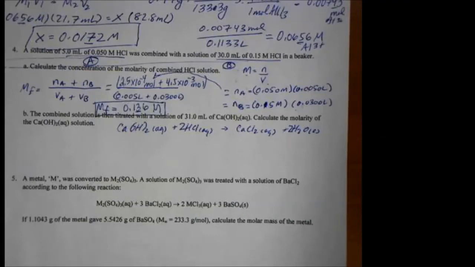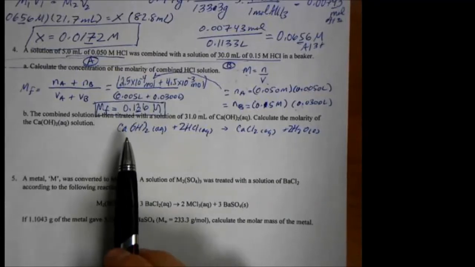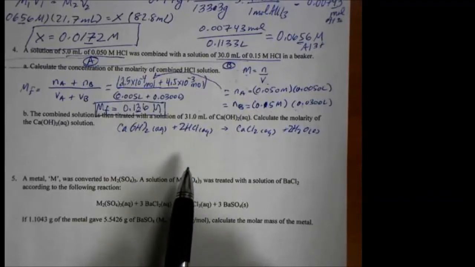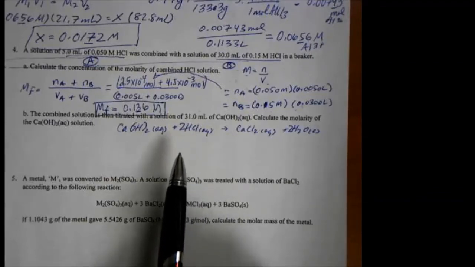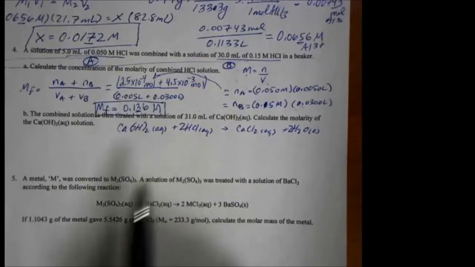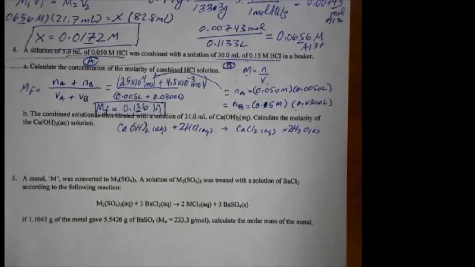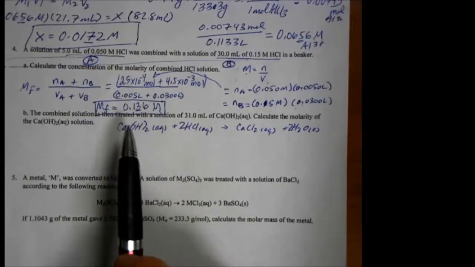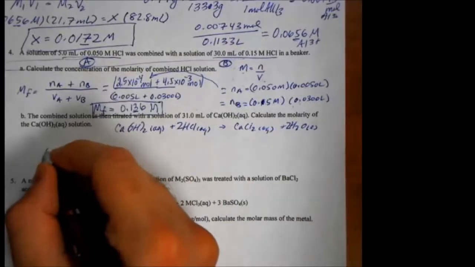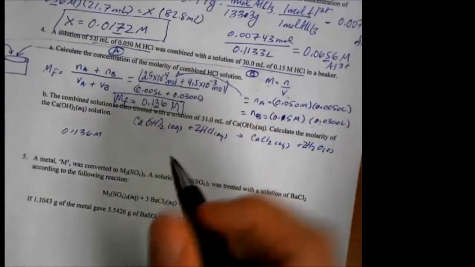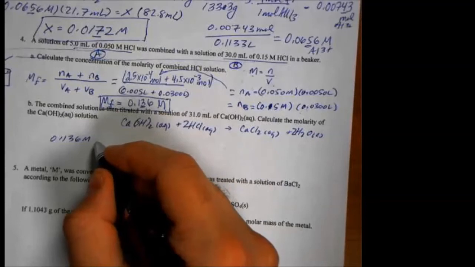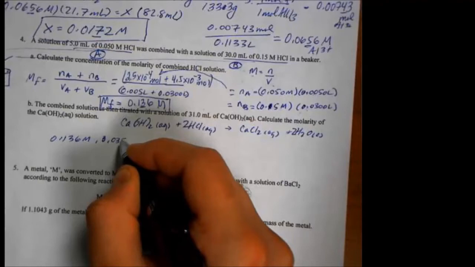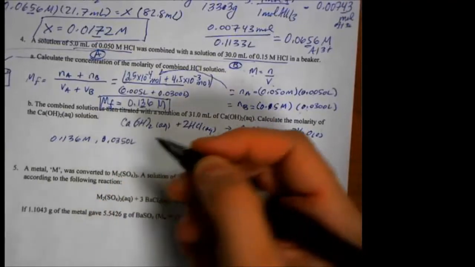with the equation. So in this case, it says the combined solution is titrated with a solution of 31 mL of calcium hydroxide. Calculate the molarity of the calcium hydroxide solution. So basically, we have this solution at 0.136 molar and we have 35 milliliters of it, so 0.0350 liters.